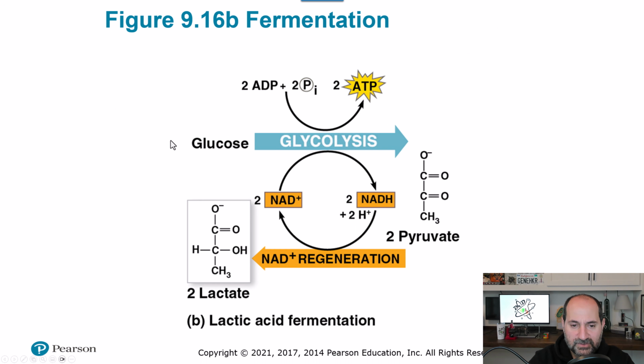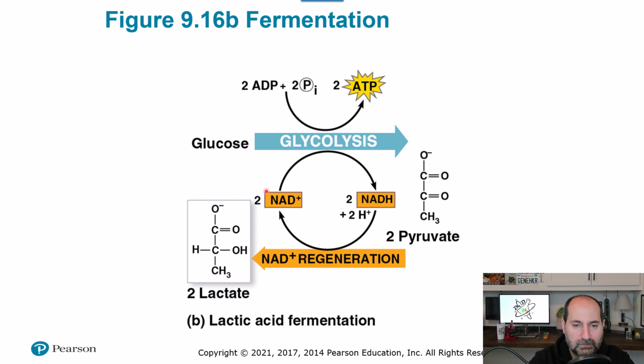All right, let's summarize lactic acid fermentation. Again, this occurs when I don't have enough oxygen as my terminal electron acceptor. Therefore, my body switches to just fermentation, which includes just glycolysis. The products of glycolysis are 2 NADH, 2 pyruvate, and 2 net ATP via substrate level phosphorylation.